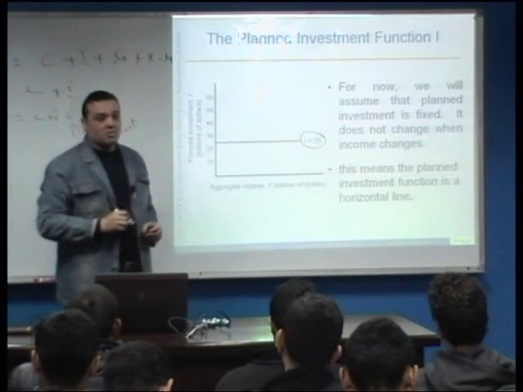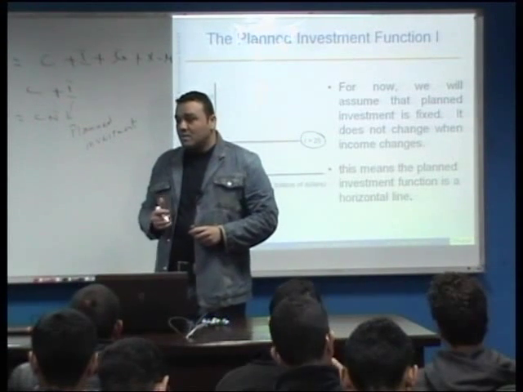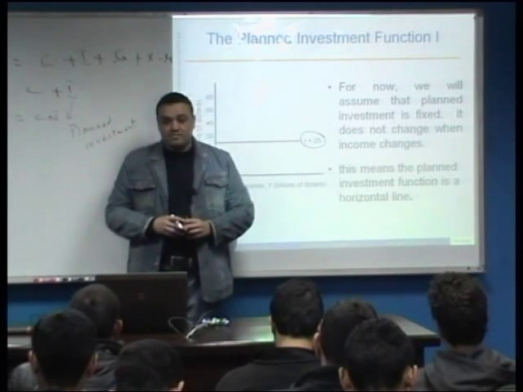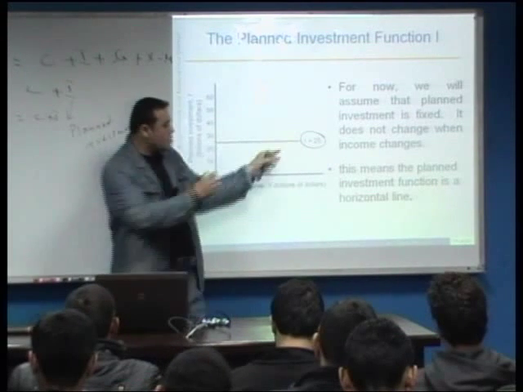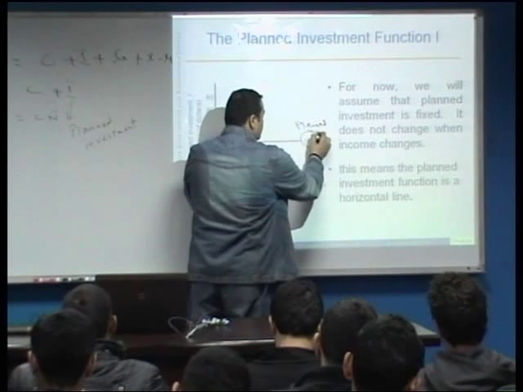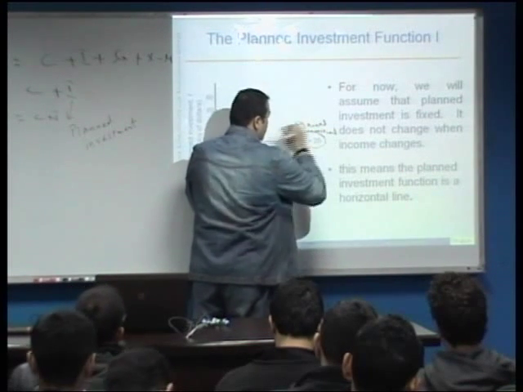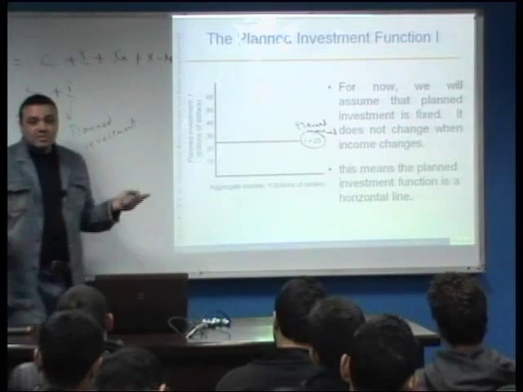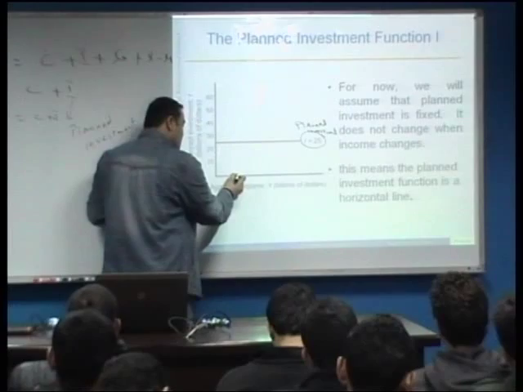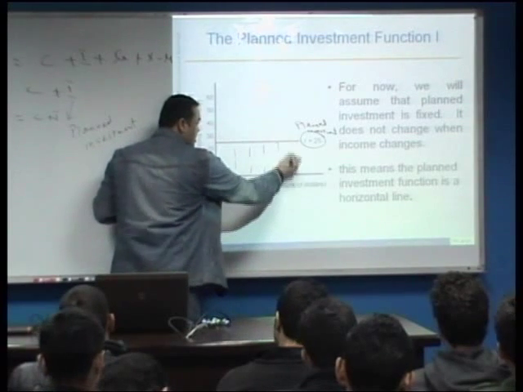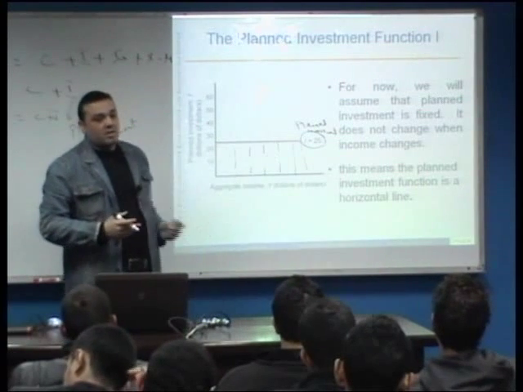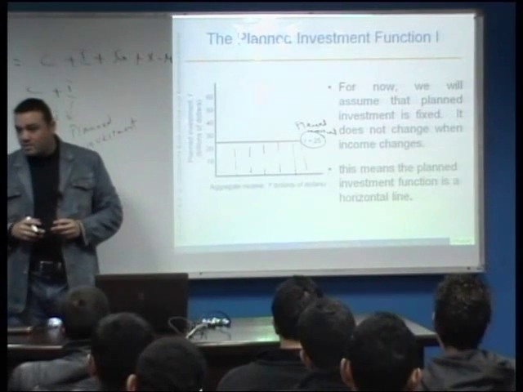Suppose that the business sector decided to invest by $25 million. In this case, it's called the planned investment. As you see, there is no relationship between Y and I. If Y, or aggregate income, increases, there is no change in the planned investment, because we decided to invest by $25 million, right?